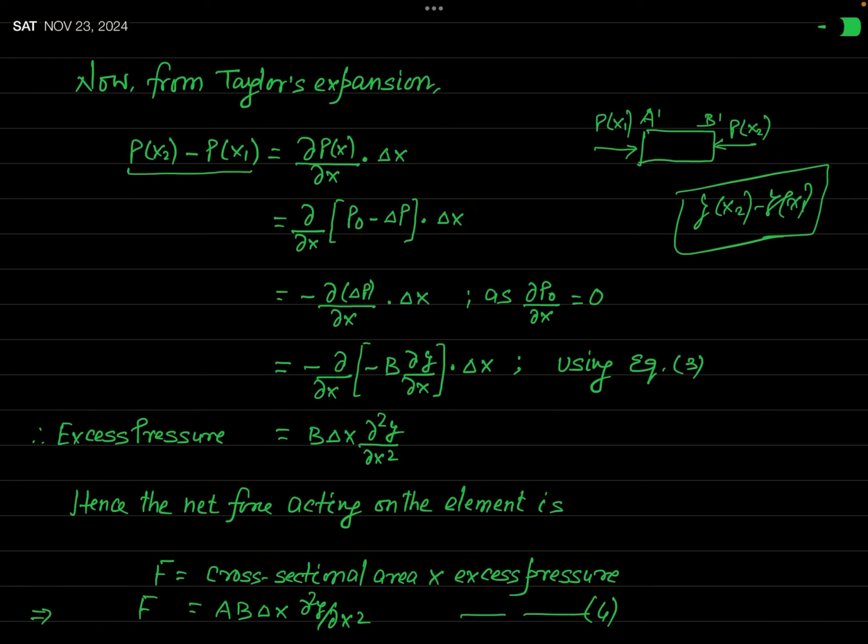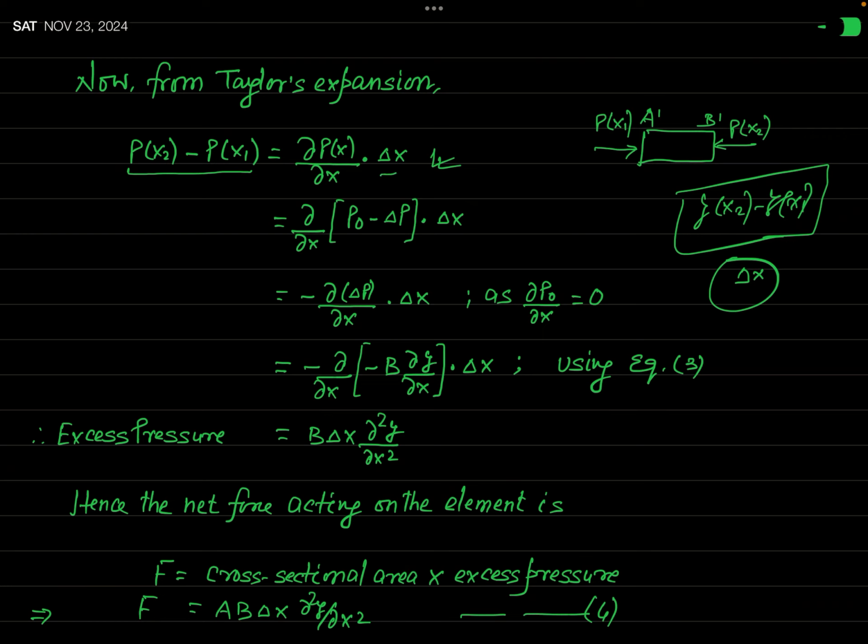But I am not writing the whole expression for Taylor's expansion because you have learned this several times earlier. So on the basis of Taylor's expansion, particularly in first approximation, when you consider that this delta x is very small, P of x2 minus P of x1 is equal to del P of x by del x times delta x.